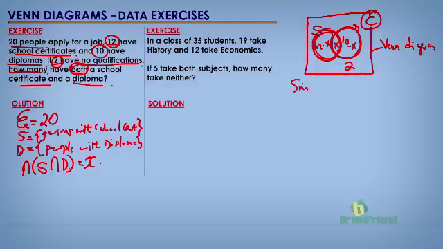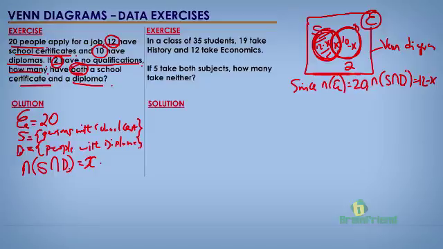Now, since the cardinality of our universal set is 20, the cardinality of the set S intersection D prime is 12 minus X. That is this region here.